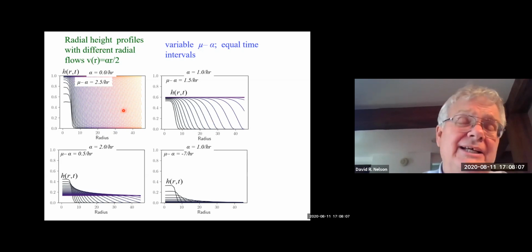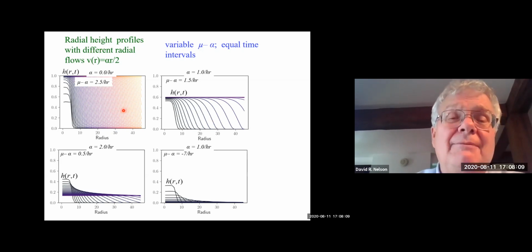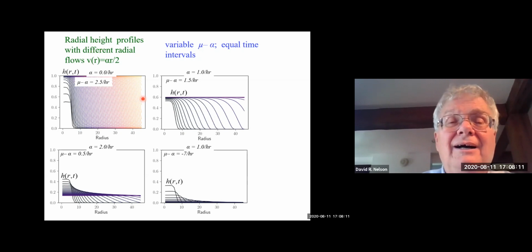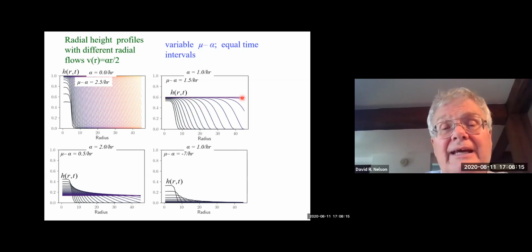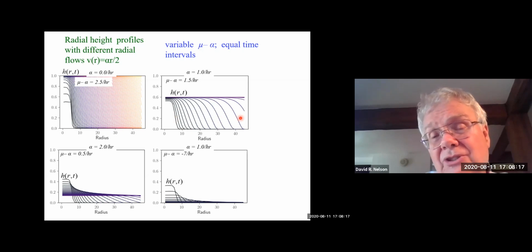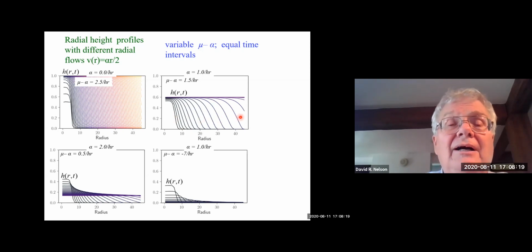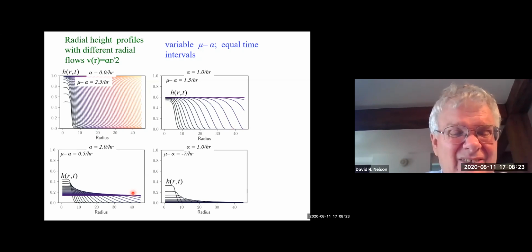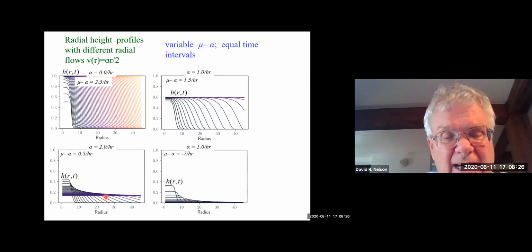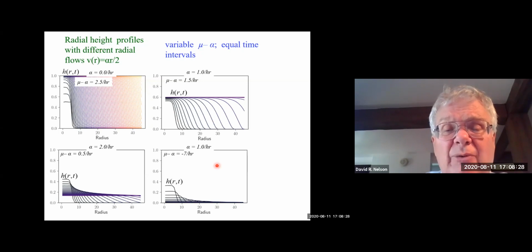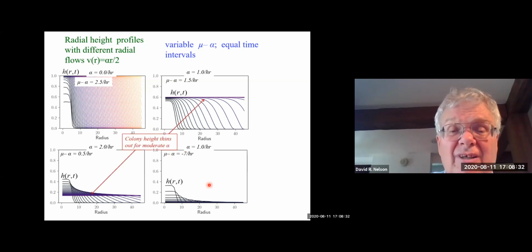But as soon as I start getting that stretching, as soon as the metabolism kicks in, then the height drops down, and the radius now is starting to increase exponentially fast, the height gets lower and lower, and then finally, when mu minus alpha changes sign, you get this thinning catastrophe.